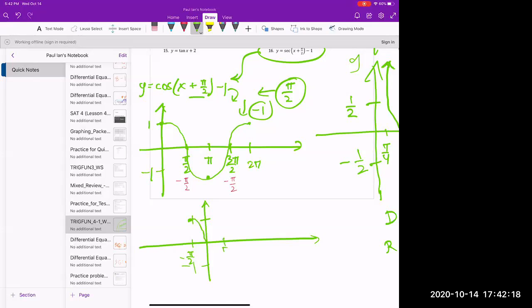And this is at pi over 2. Three pi over 2, or pi.